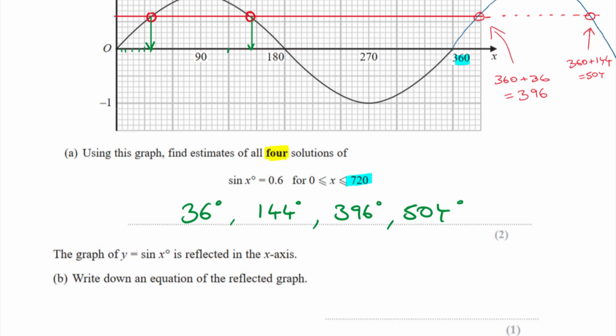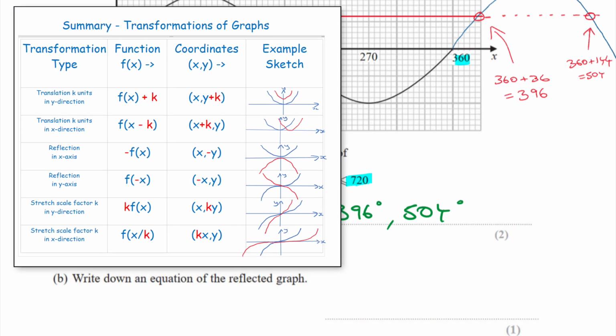Okay, well, there are 6 different transformations of graphs that you need to know about. And I'll just pull the list up here. Now, reflection in the x-axis happens when you take f of x and you transform it by putting a minus sign in front of your function.